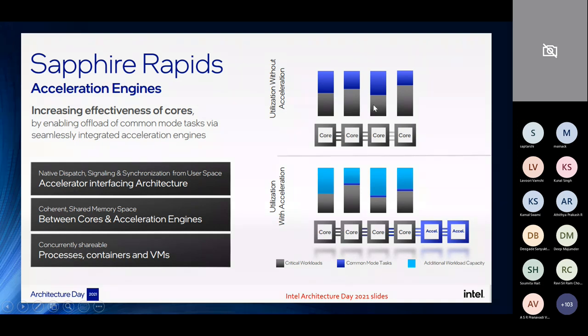If you have, let's say, a number of processes waiting in the queue to be scheduled by the operating system, you really can't do anything because that entire resource is utilized. But if you're able to offload a bunch of that onto the accelerators, the additional workload capacity increases humongously, right? So you can then spend that resource on completing some other task. It can give you parallelism, more throughput, and whatnot.